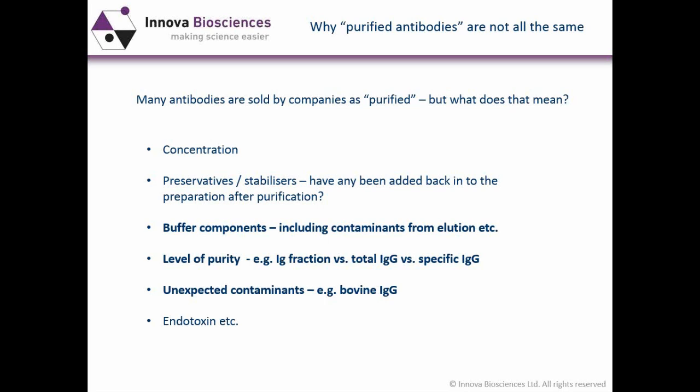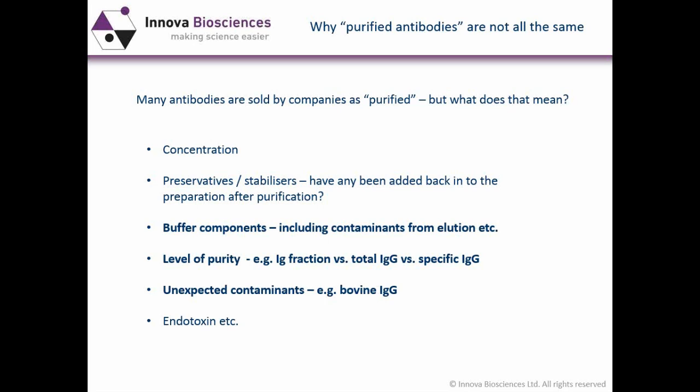You also need to consider, for some applications, the buffer components. And I talked earlier on a little bit about the elution buffers that you use from protein A or protein G, etc. These may contain contaminants that are relevant to you, and I'll go into more detail about that on another slide. I'll also talk a little bit more, as I've alluded to, about the level of purity, and also just consider some unexpected contaminants that you may not actually think about too carefully.